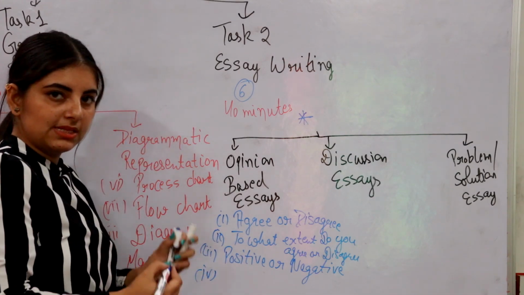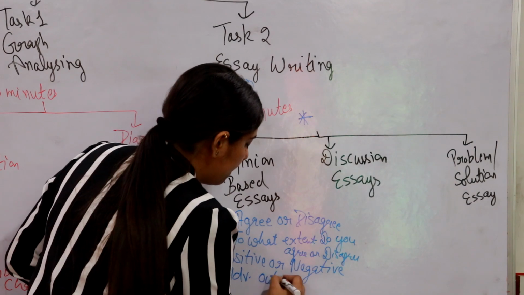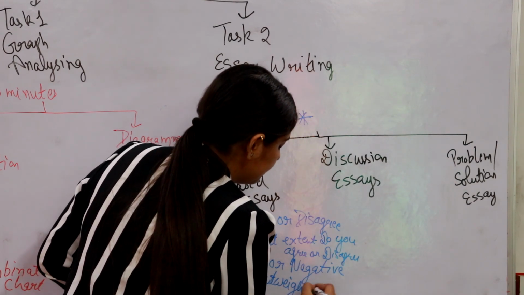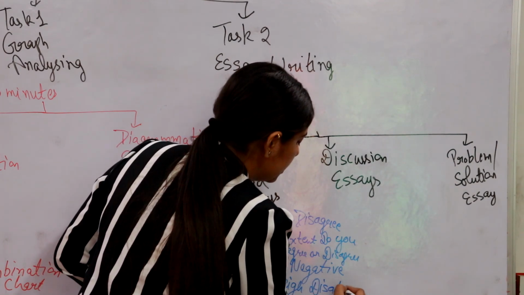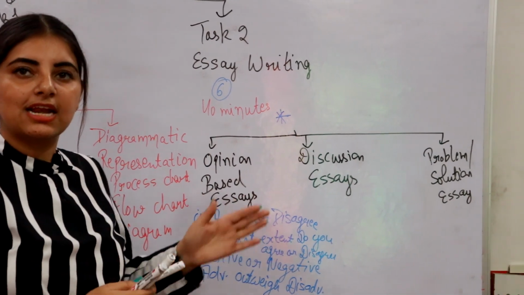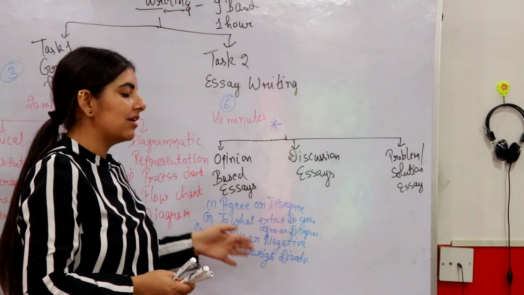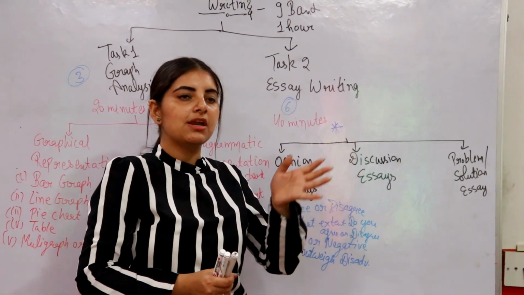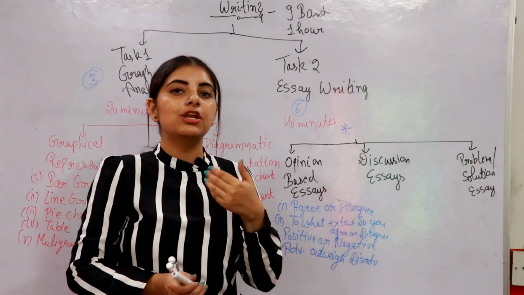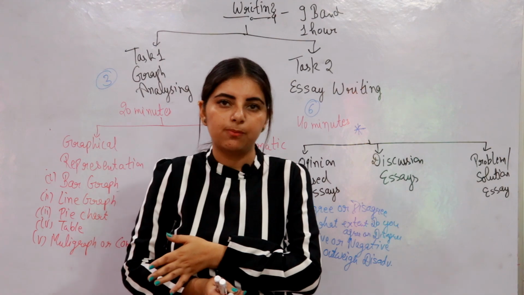And last type of essay under this category is do the advantages outweigh the disadvantages, right? So these are the four essays that come under the category of opinion based essays, because in these types of essays the examiner asks for your opinion, whether you favor a particular point or whether you criticize a particular point.